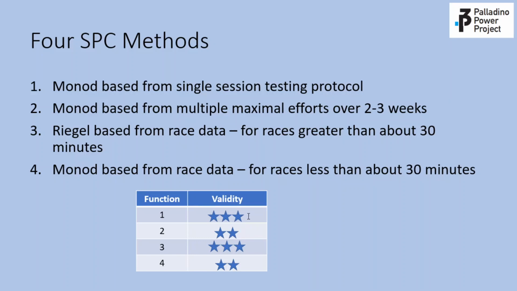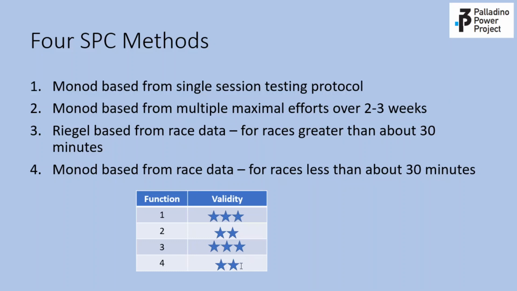We're splitting hairs here. And then this last one here is a good estimate, a really solid estimate. It becomes better if you have a known reserve work capacity from recent testing. But if you use the range that we have, it's going to give you a good estimate.